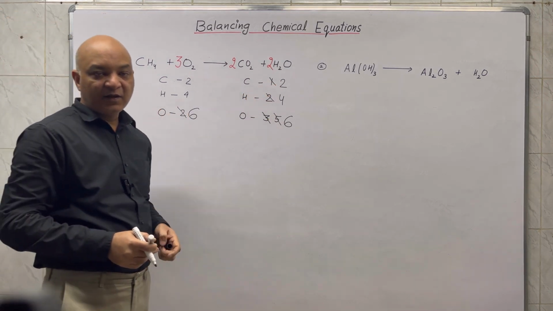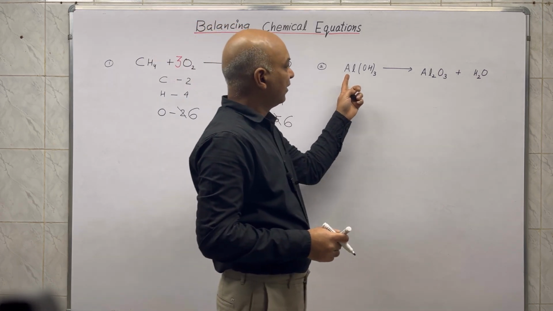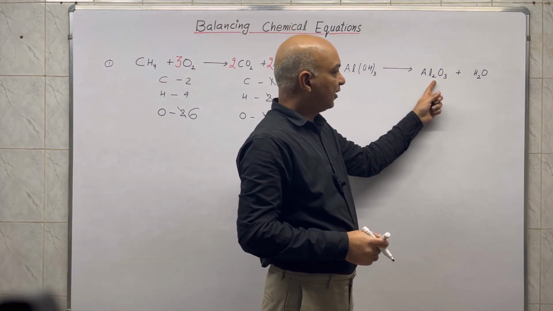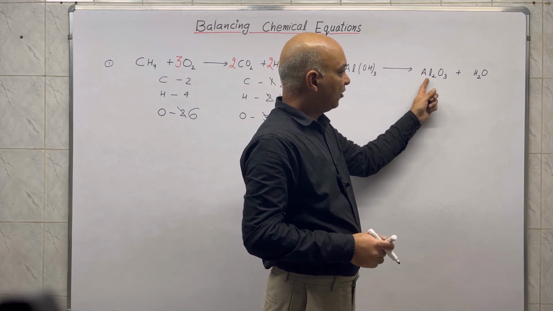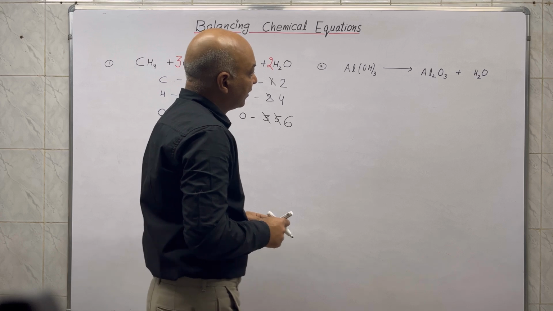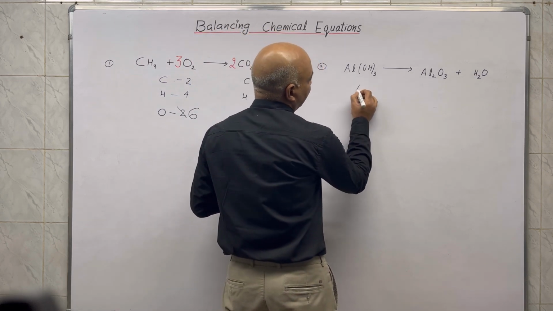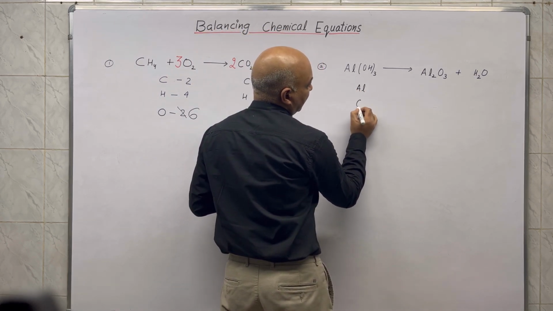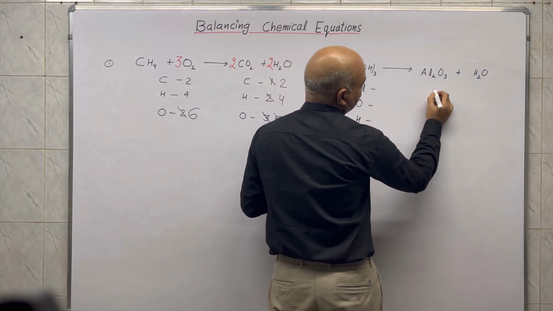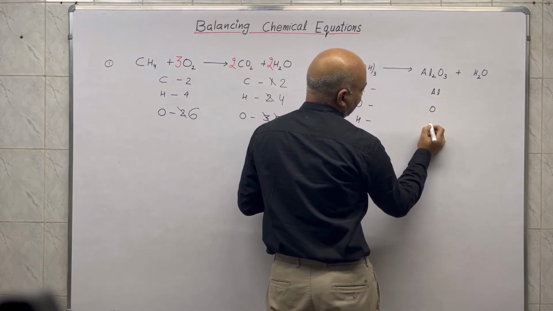Okay, let us take one more example. Aluminium hydroxide upon decomposition gives aluminium oxide and water. So here also I will first of all write down the different types of atoms present on the LHS as well as on the RHS.